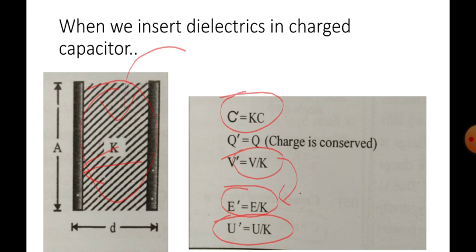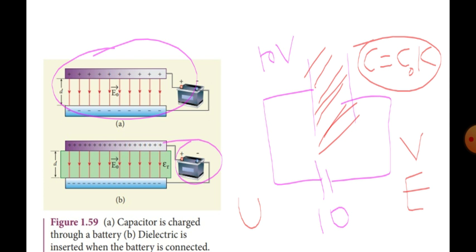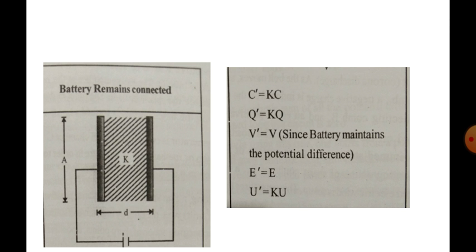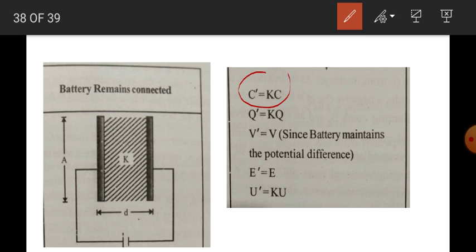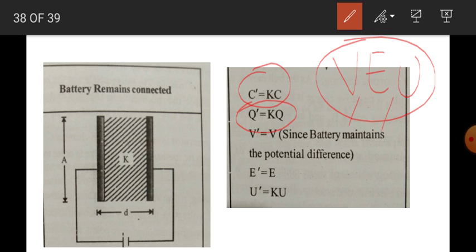But when you charge through a battery and the battery is still connected, in that case capacitance will increase, charge will increase, but V, E and U will remain the same because the battery is still in connection. Remember these things. They ask questions based on this introduction of dielectric.